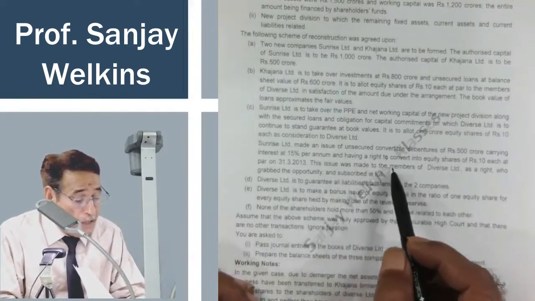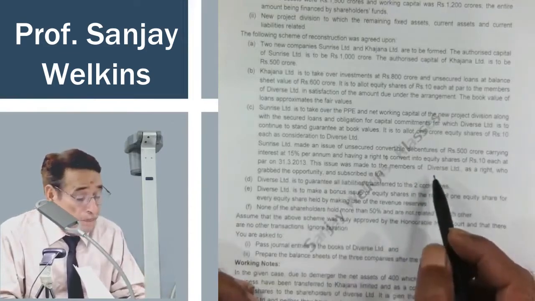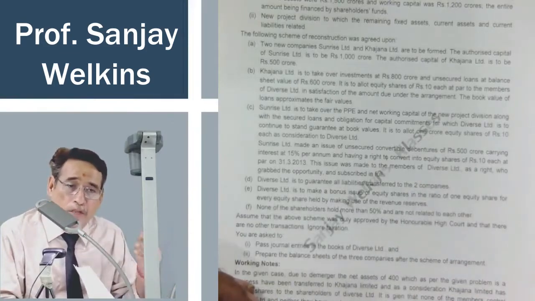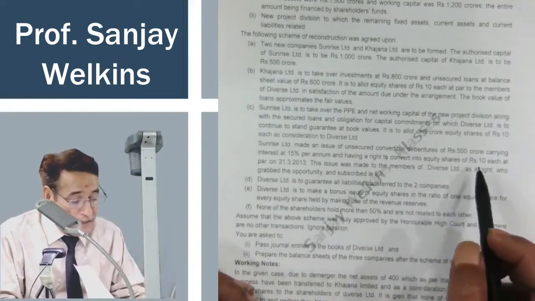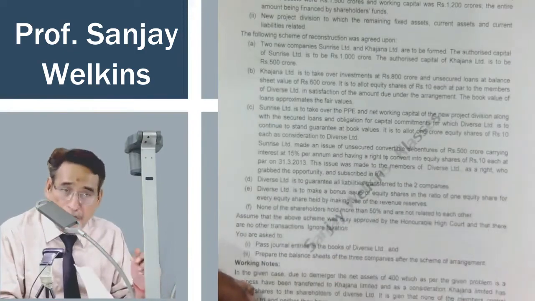The issue was made to the members of Diverse Limited. This issue was given to the members of Diverse Limited as a right, who grabbed the opportunity and subscribed in full.